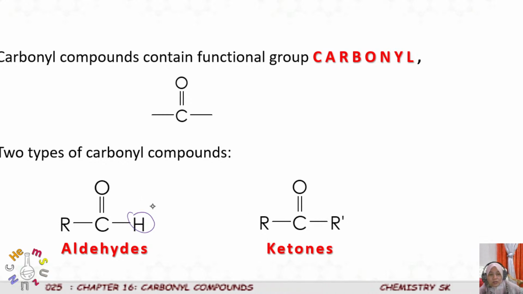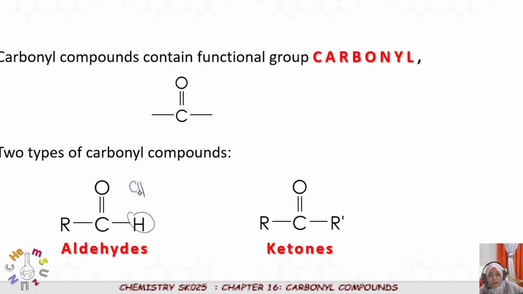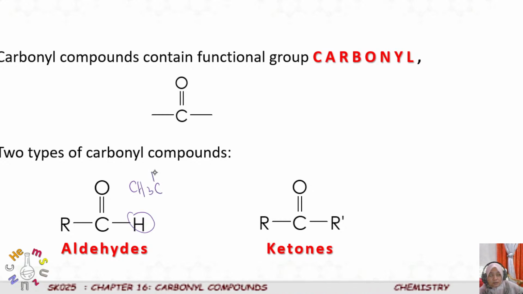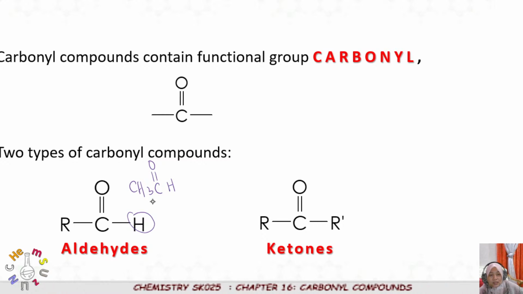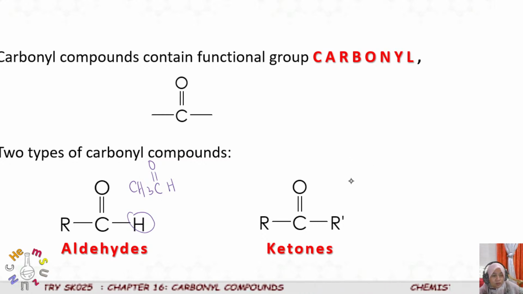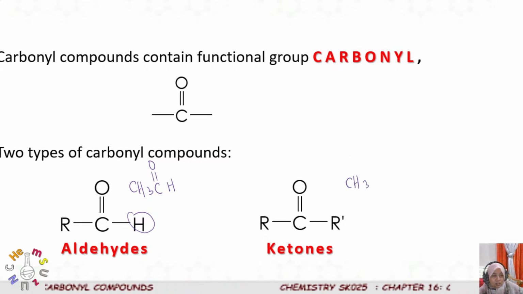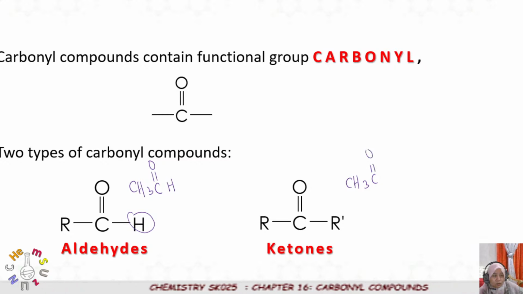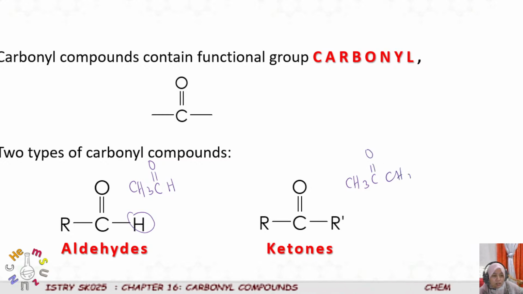For example, for an aldehyde we have CH3, C double bond O, H, so this is ethanal. And for a ketone we have CH3, C double bond O, CH3, so this is propanone.